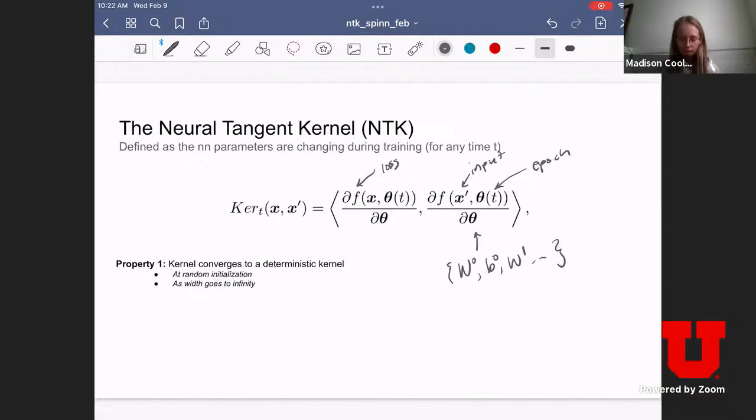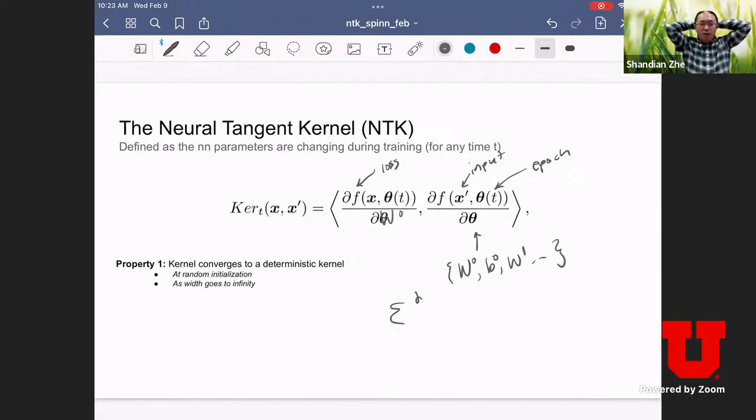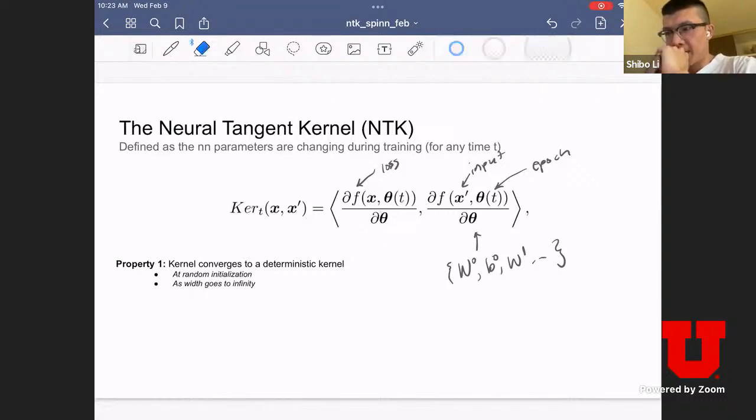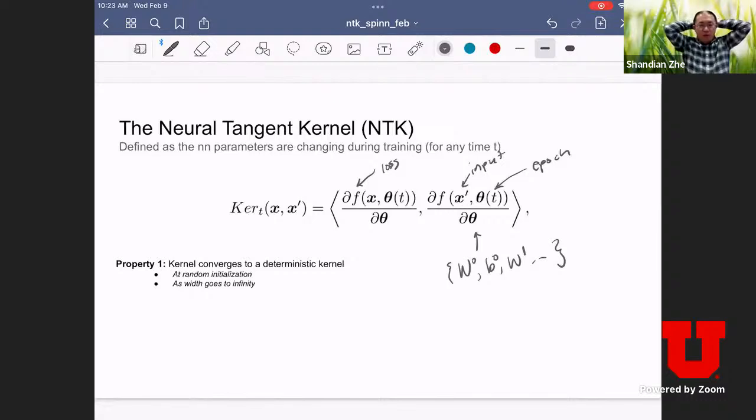This is the sum over every layer of weights. The diagonal of this kernel is the square norm of the gradient of each training example, if x and x prime are the same.